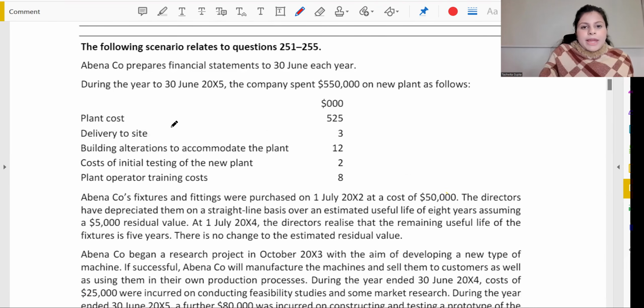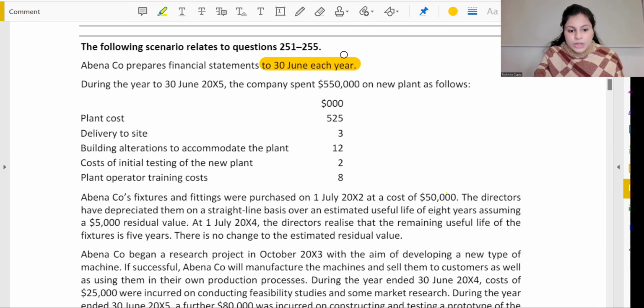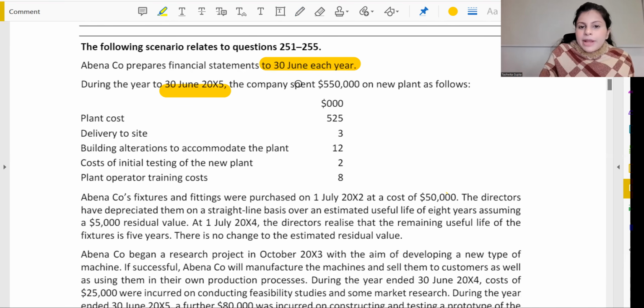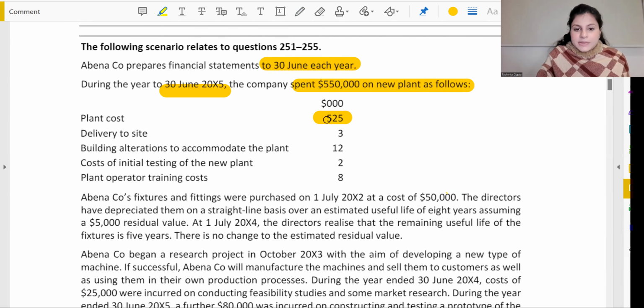Abena company prepares financial statements for 30 June. During the year to 30 June, the company spent 5,50,000 on the plant. The cost of the plant was this. So this is capitalized. It's a purchase price. Delivery to the site. Is this capitalized? Yes.